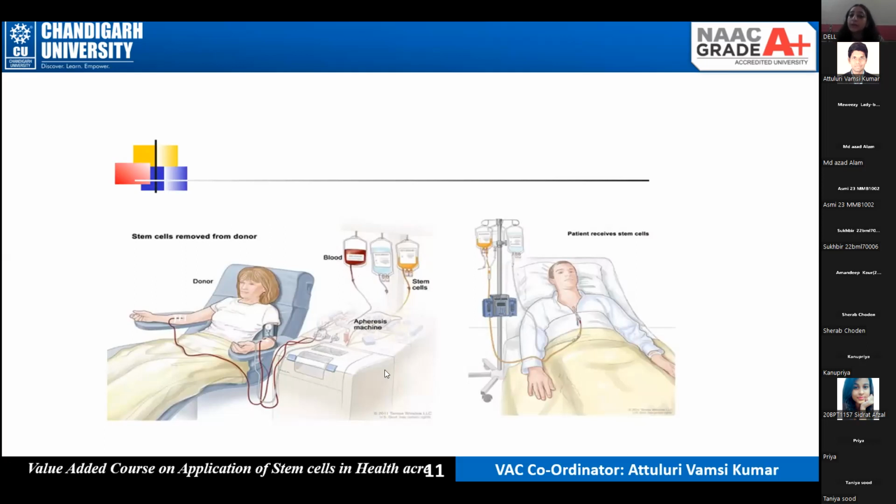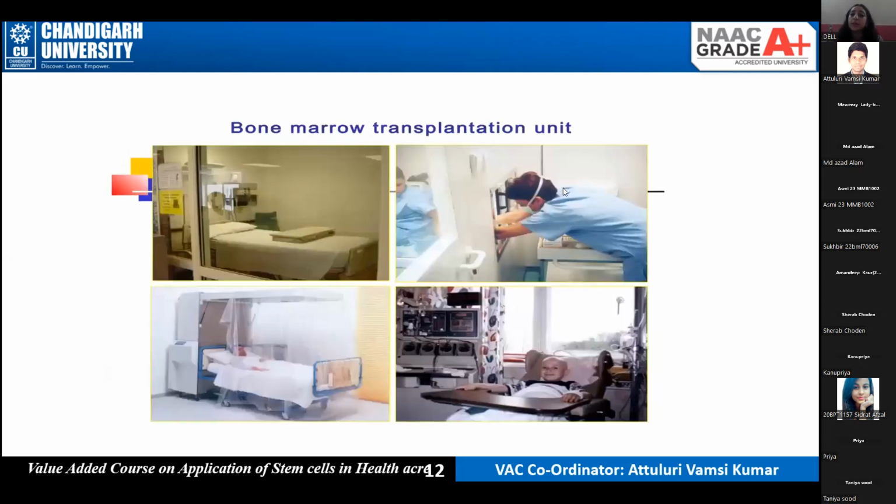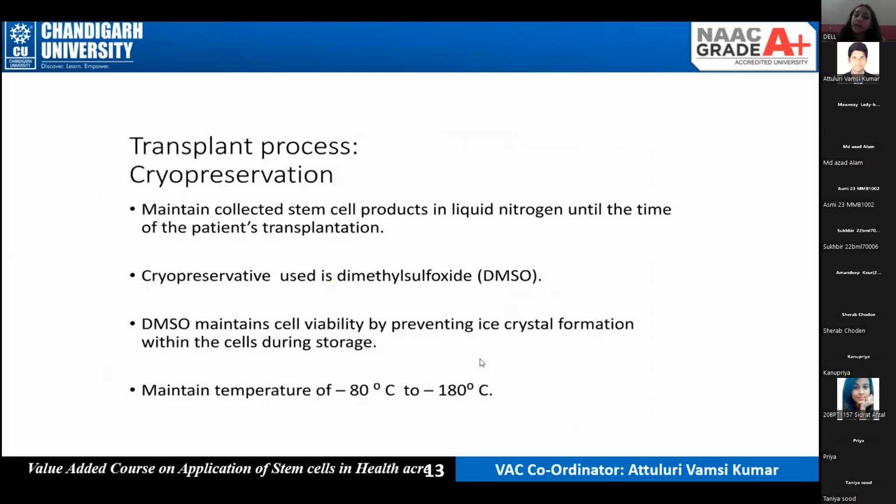With the help of this machine, the blood components are separated out, and in this image, the patient now receives the stem cells from the donor. This is the bone marrow transplantation. These are different images which show the transplantation units.